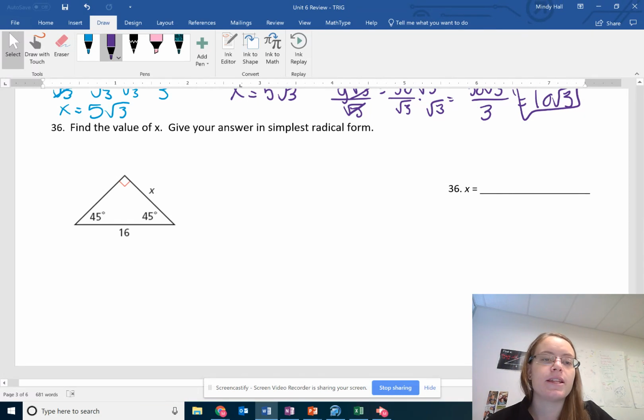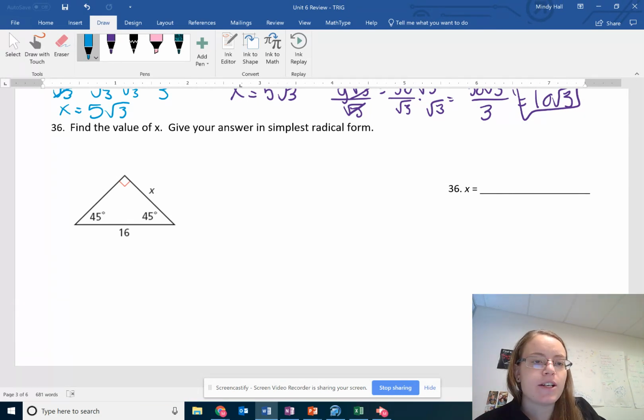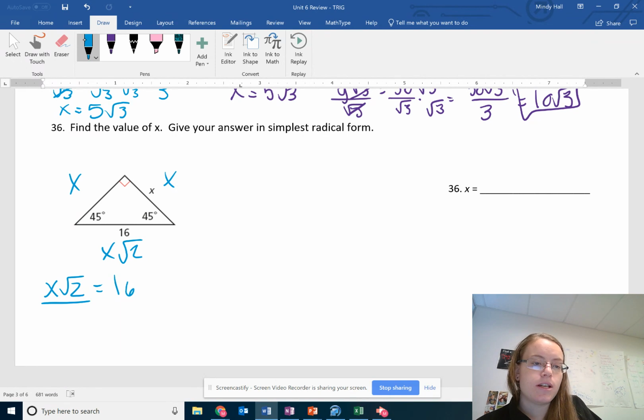With the last one, this is a 45, 45, 90. So this is x, x, and x square root of 2. If you wanted to solve it without trig, you would have x square root of 2 equals 16, your rule equal to your value, and then you would have to divide by the square root of 2.